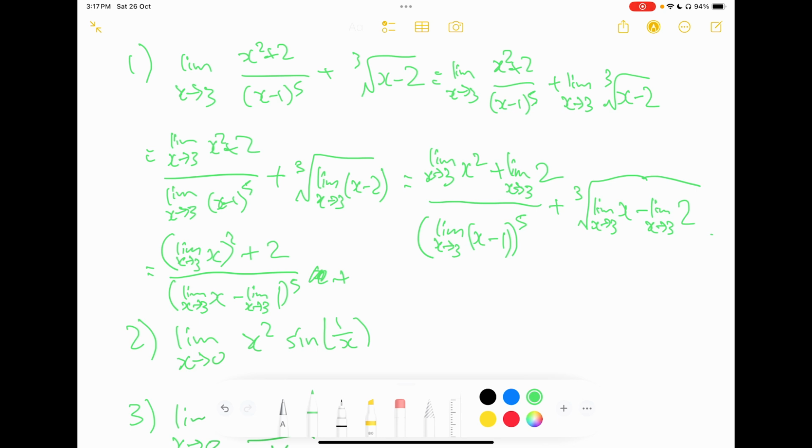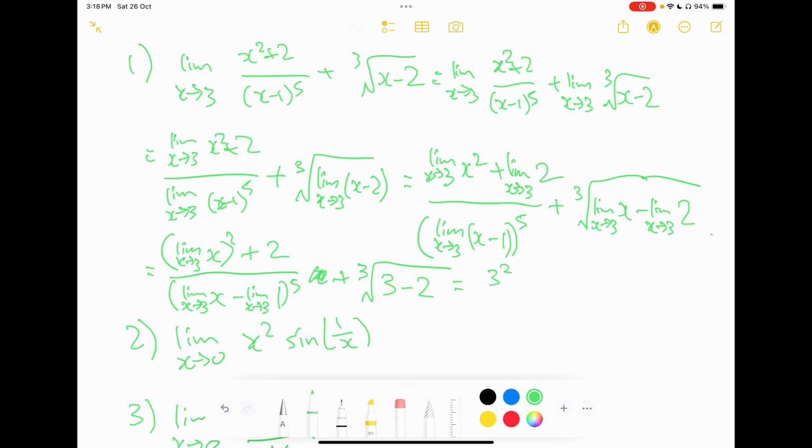Sorry. The limit as x approaches 3 of x is just 3. And the limit of 2 is just 2. All right, and then lastly, we have the limit of x as x approaches 3.